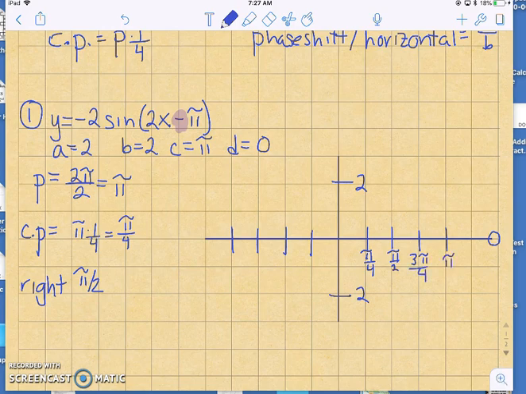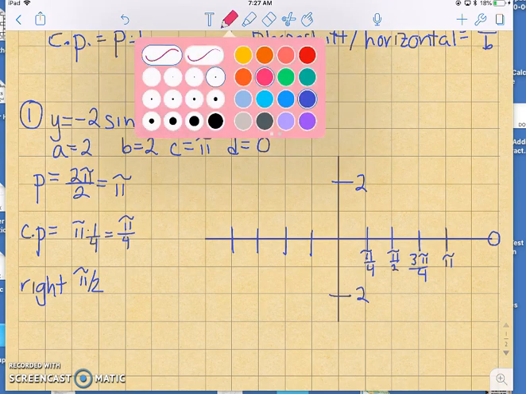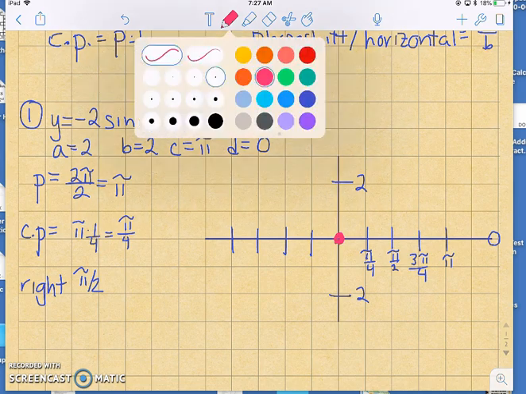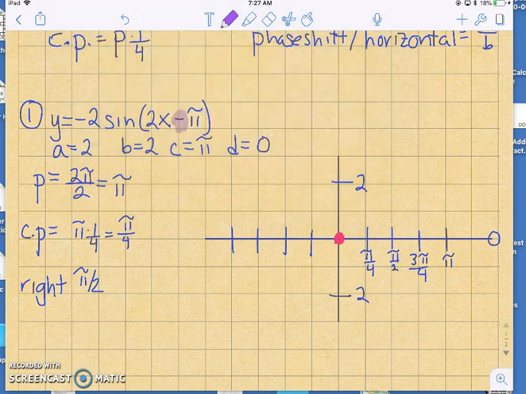And so let's see, if we didn't have a phase shift, this is sine, so it would start in the center. But since we have a phase shift, we said it goes to the right pi over 2. Now pi over 2 is represented by 2 scale marks.